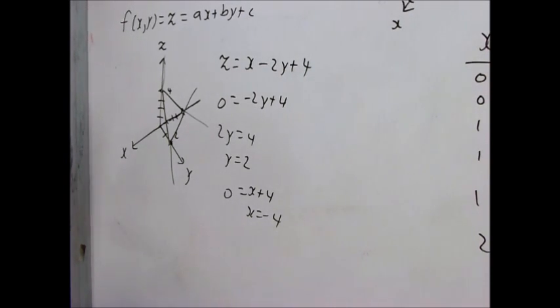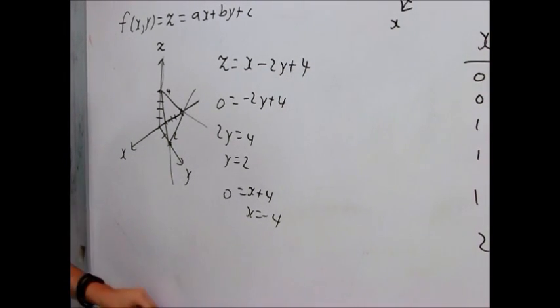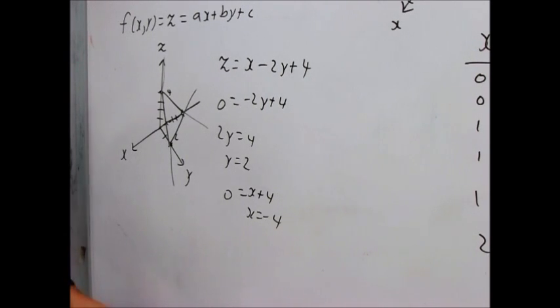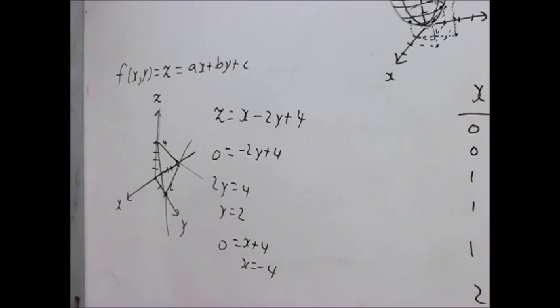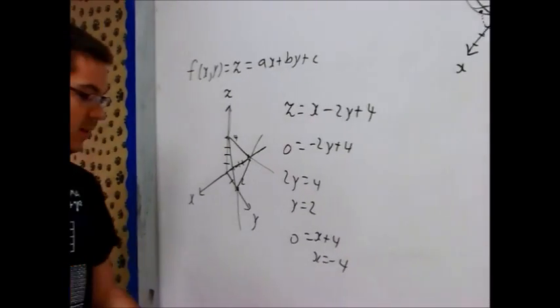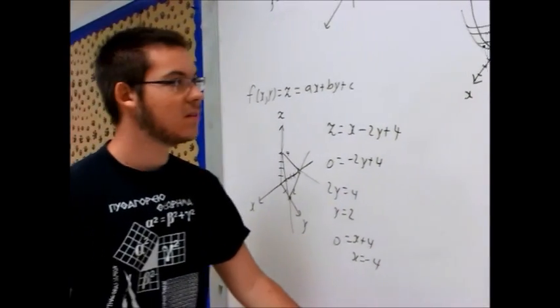I'll talk more about planes and lines in a later topic, and more about how to analyze these functions, especially in terms of calculus. But hopefully this was a good introduction.